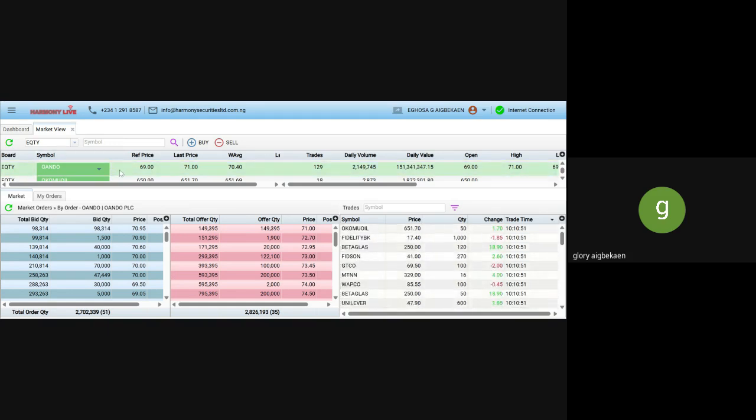Last Friday, the stock closed at 69. So that means between that Friday close and today, it has gained about 3 naira. So let's see how it will pan out. There's a little bit of tussle between those who want to sell and those who want to buy.